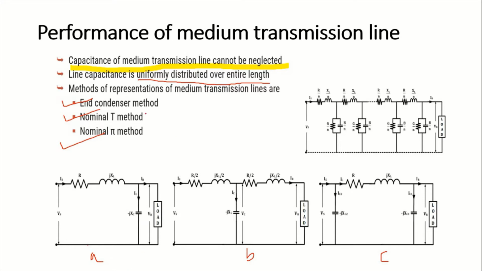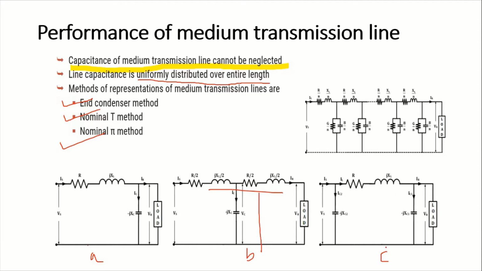Figure B is the nominal T method. In this method, the resistance and series reactance are divided into two parts, and the capacitance is connected in between them. So the shape is like a T, so it is called the nominal T method.